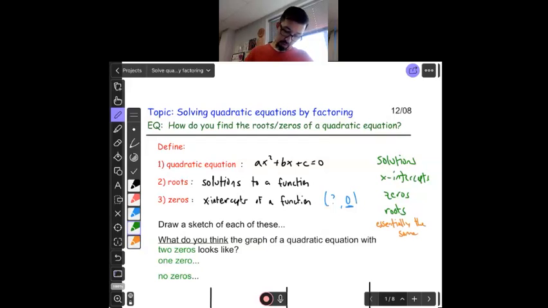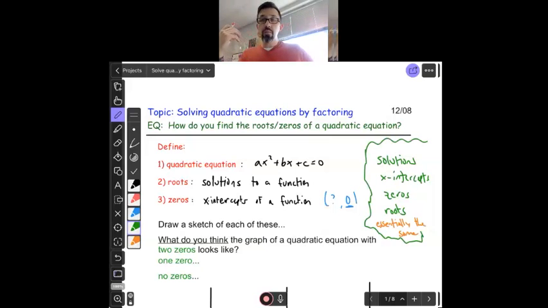So this is going to be something I'm going to be kind of pushing you guys on over the next couple of weeks, just to recognize this, that these four terms, these four words, really mean the same thing. So you're going to keep hearing me ask you, what are those four things that all mean the same thing? Or what are the other three things that we can call a solution?